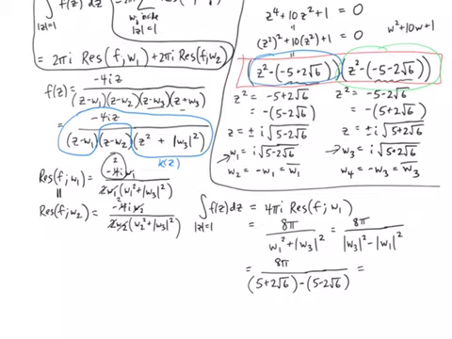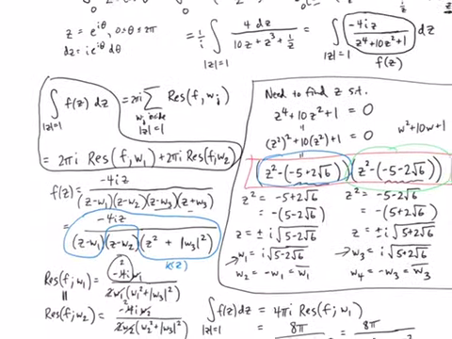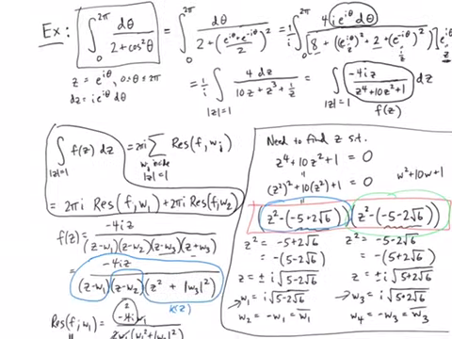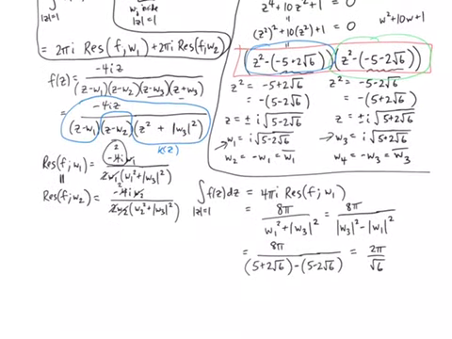And so the 5's cancel, you get a 4 root 6 on the bottom, and so you just get 2 pi over root 6 as the final answer. And remember that integral was actually computing the integral from 0 to 2 pi of 1 over 2 plus cosine squared. So the final answer is 2 pi over the square root of 6.